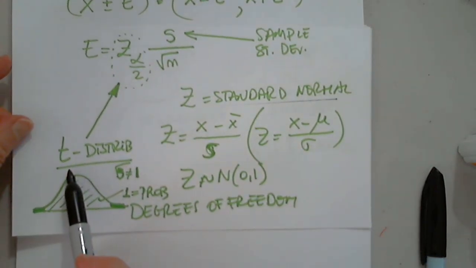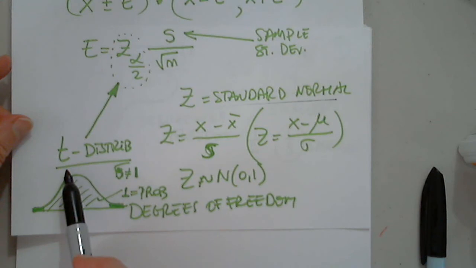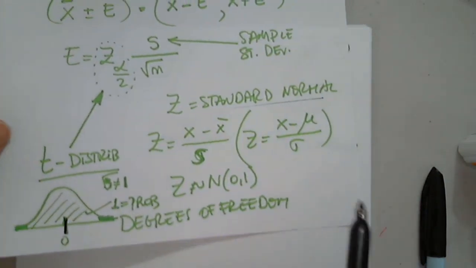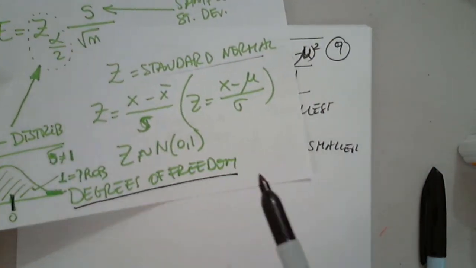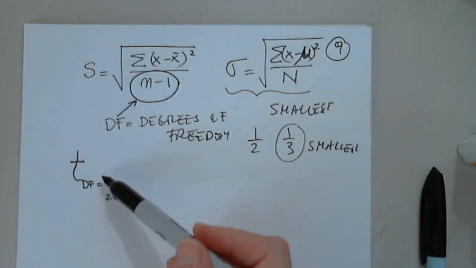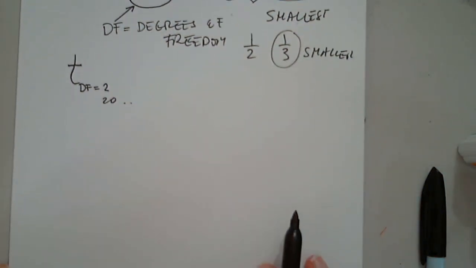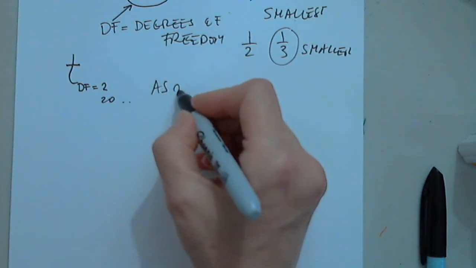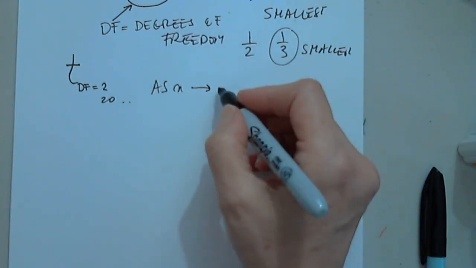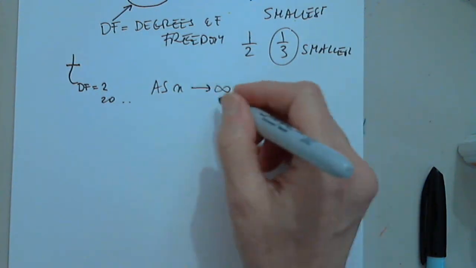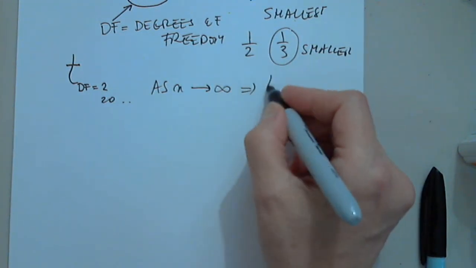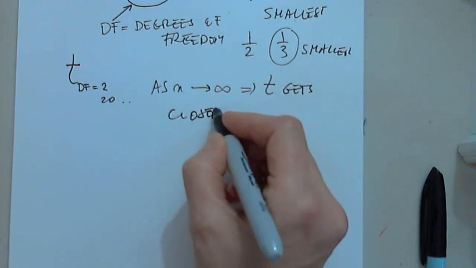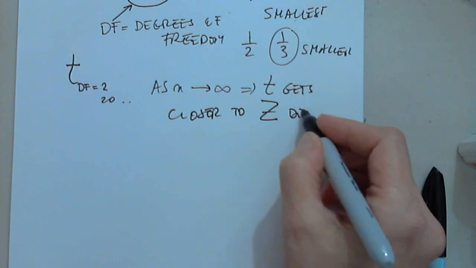I cannot say that about the t distribution. I can say for sure that the mean is 0, but it depends on degrees of freedom to determine the shape. It's not very different from the standard normal. And also, as n increases, let's say to infinity, t distribution gets closer to the z distribution.